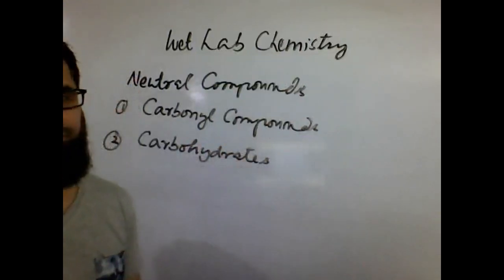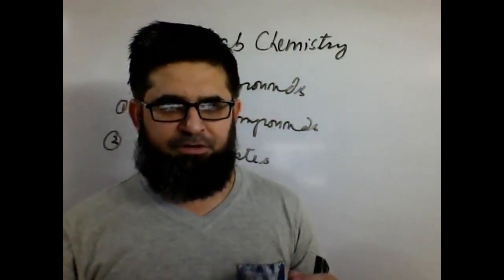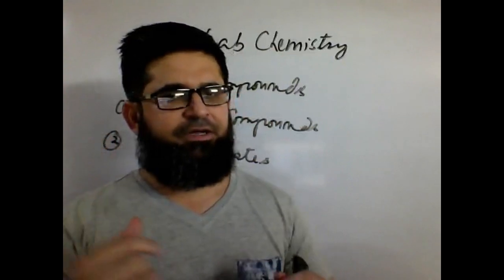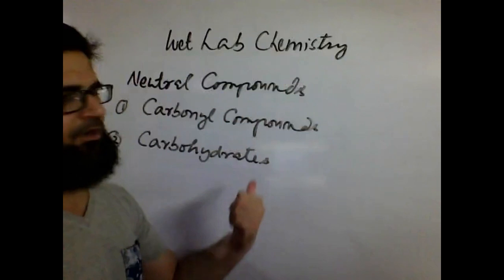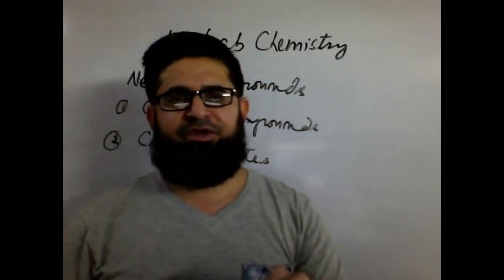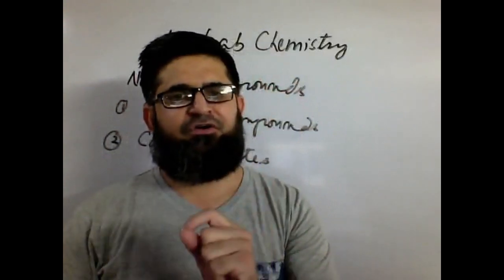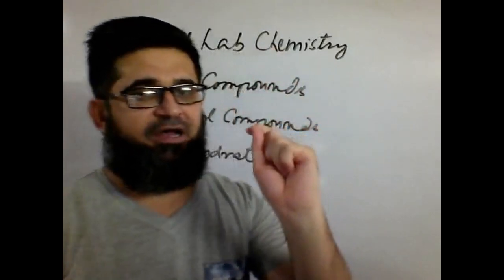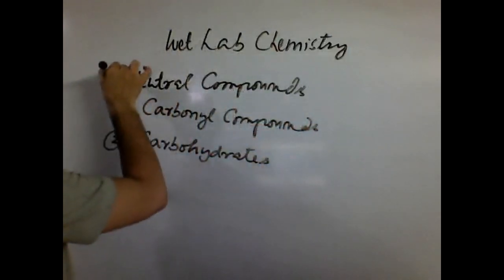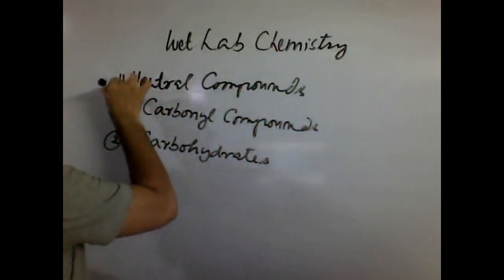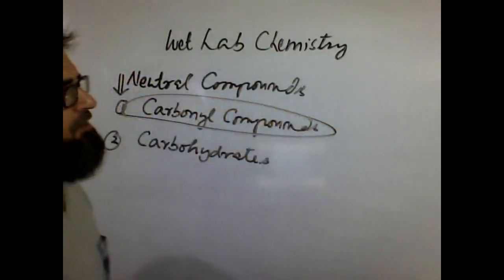Those two options are possible once your litmus solution has confirmed that the given compound is neutral. So let me start the category number one, the carbonyl compounds.